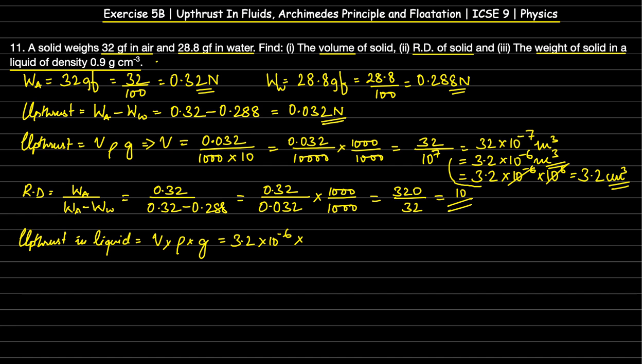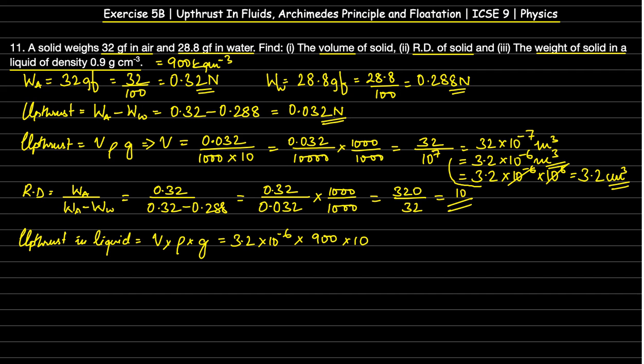When we convert it to kg per meter cube, we get 900 kg m to the power of minus 3. So into 900 into 10.